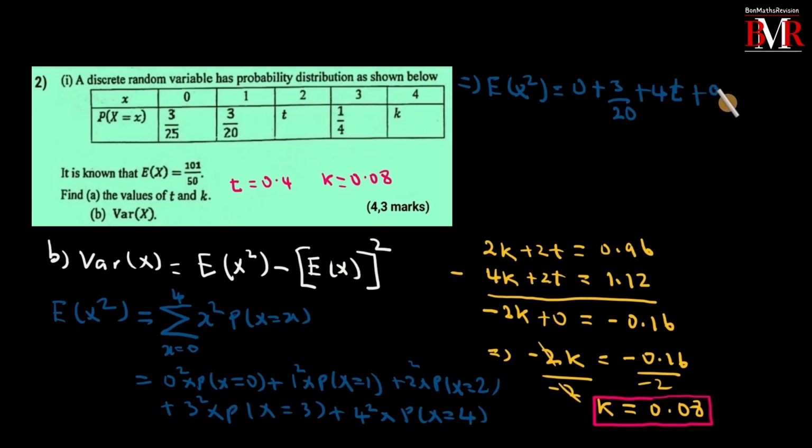That is 9 times 1 over 4, plus 4 squared times the probability of X equals 4, which is k.